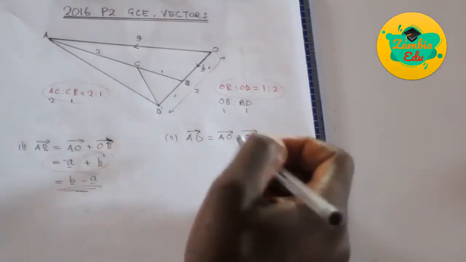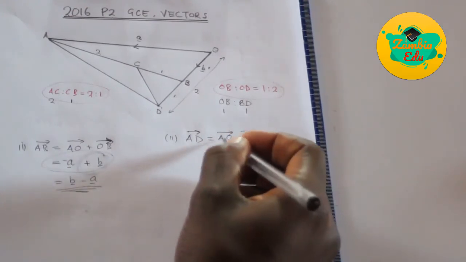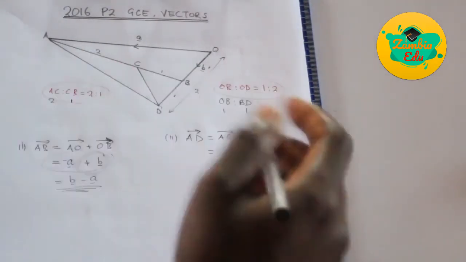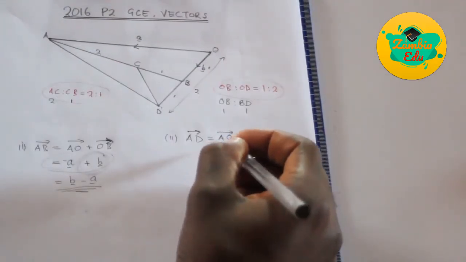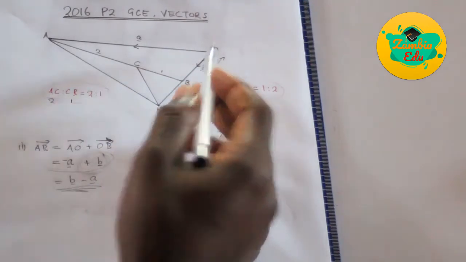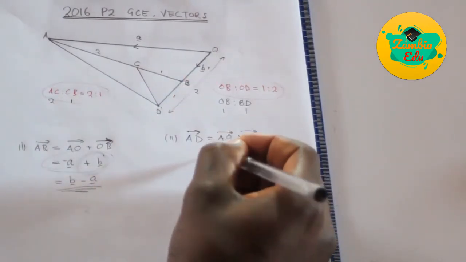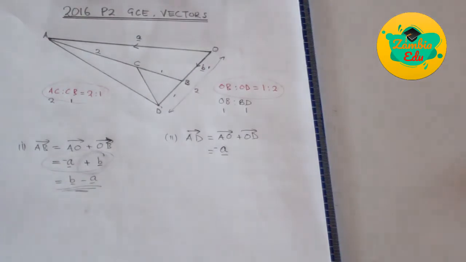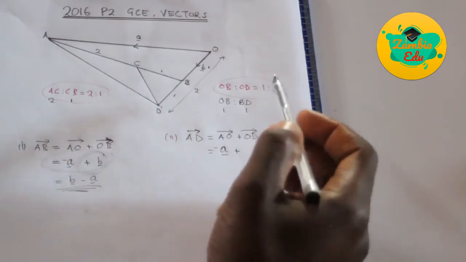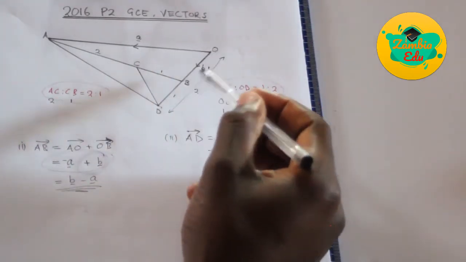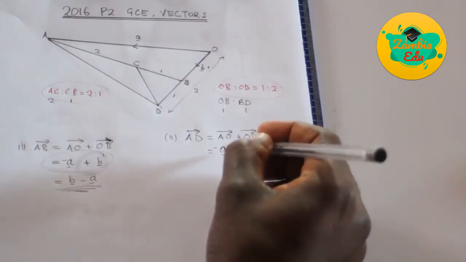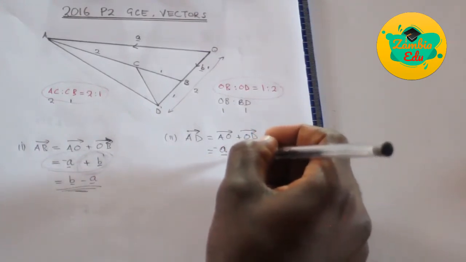Now that we understand that, AD is equal to, we're going A to D, so we're starting from A to O. So A to O is going to be negative A. You already understand why it's negative A, plus O to D. So O to D, if O to B is B, then BD is also going to be B. So B plus B should give us 2B.